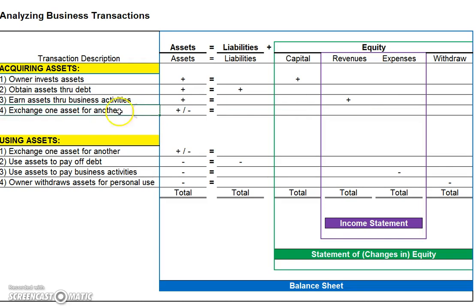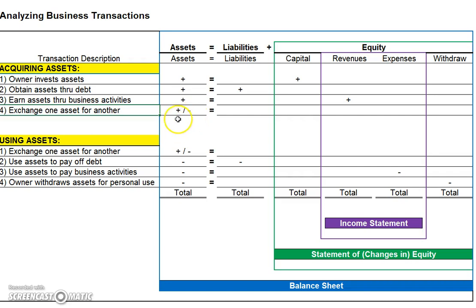The fourth and final way that you can acquire an asset is actually when you exchange one asset for another. Notice in all 4 cases of our acquiring assets, we have a plus in an asset column because obviously we got an asset. But in this 4th example, when you exchange one asset for another, one asset column is going to go up, that's why I have a plus sign here, and another asset column is going to go down.